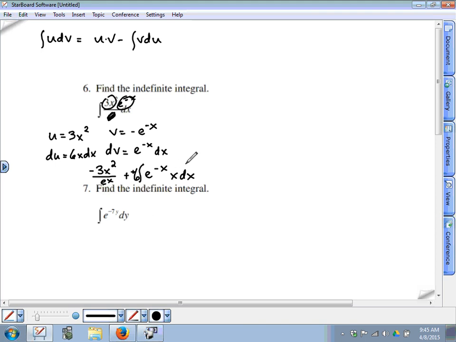And now this is going to require another integration by parts. So I'm going to let u equal x, which means that du is equal to dx. dv I'm going to have be e to the negative x dx, which means that v is negative e to the negative x.